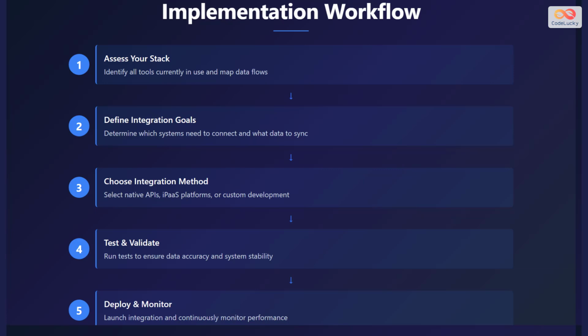Fourth, test and validate your integration by running comprehensive tests to ensure data accuracy and system stability. Finally, deploy and monitor your integration by launching it into production and continuously monitoring performance to catch any issues. Following this workflow ensures a smooth and successful integration.